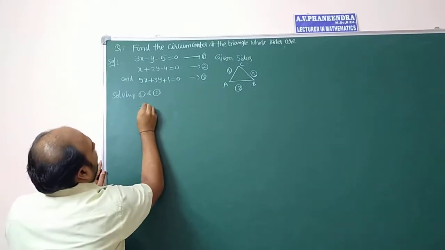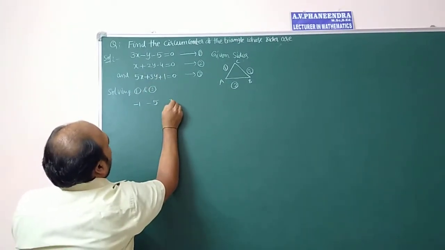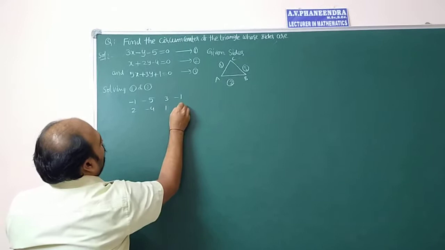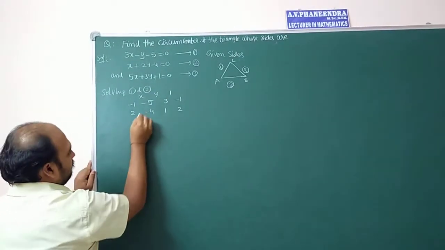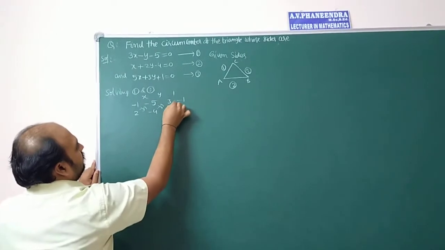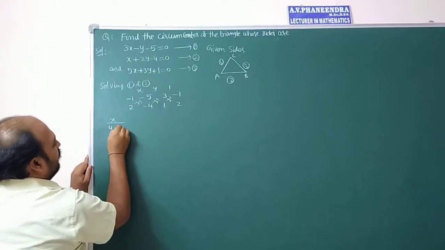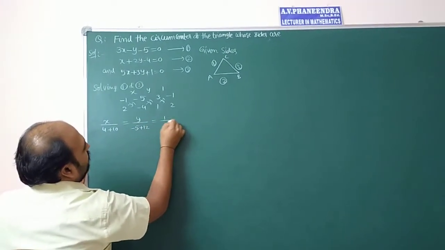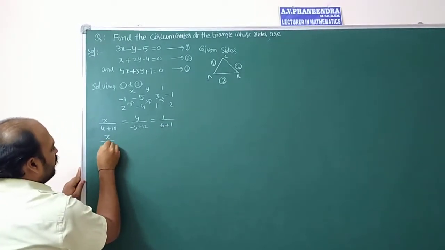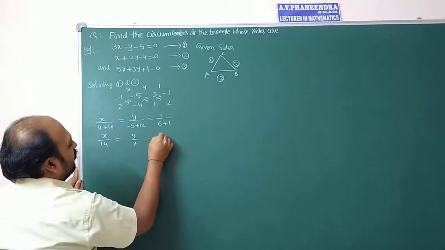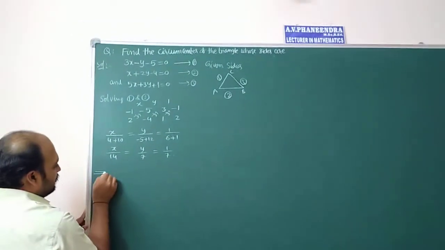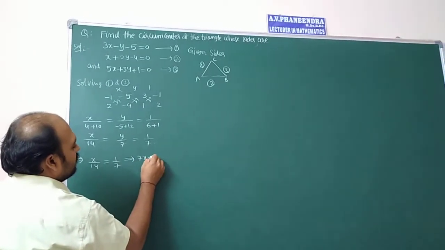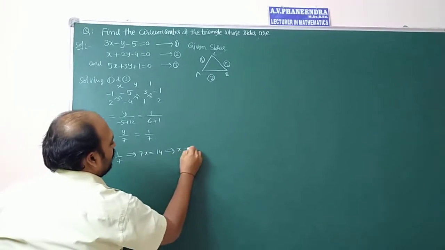Solving 1 and 2: minus 1, minus 5, 3, minus 1; 2, minus 4, 1, 2; x, y, 1. x divided by 4 plus 10, y divided by minus 5 plus 12, 1 by 6 plus 1. x by 14, y by 7 equal to 1 by 7. x by 14 equal to 1 by 7, that implies 7x is equal to 14, x is equal to 2.